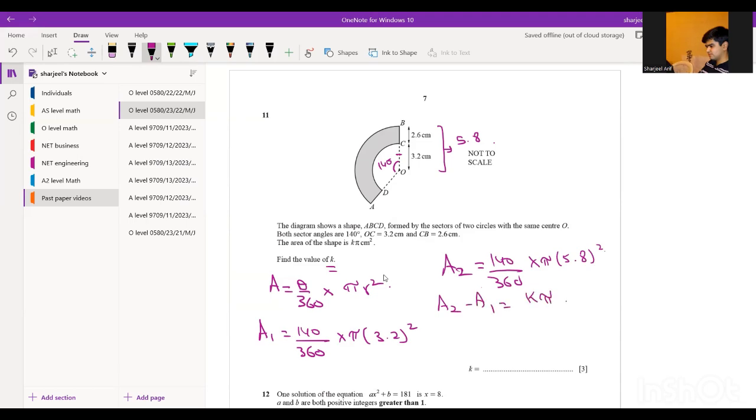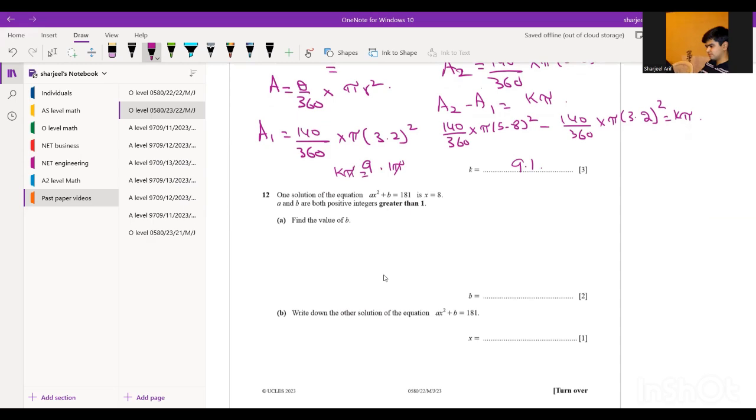So we will write it as 140 over 360 into pi into 5.8 square minus 140 over 360 into pi into 3.2 square equal to K pi. Simplify to get 9.1 pi equal to K pi. Cancel these two to get K equals 9.1.